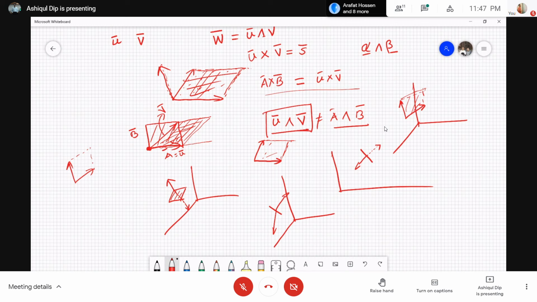It's not a vector. You can represent an area by it, and that's pretty much unique. So basically, the wedge product is a generalization of the cross product that works in every dimension for every coordinate.